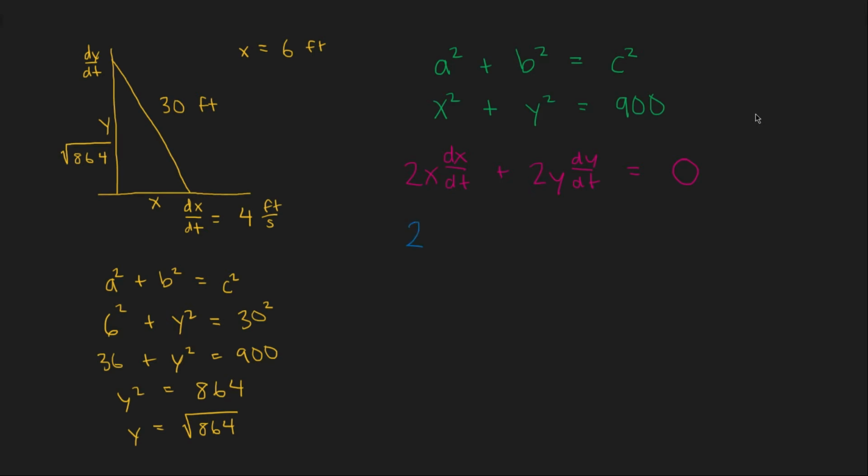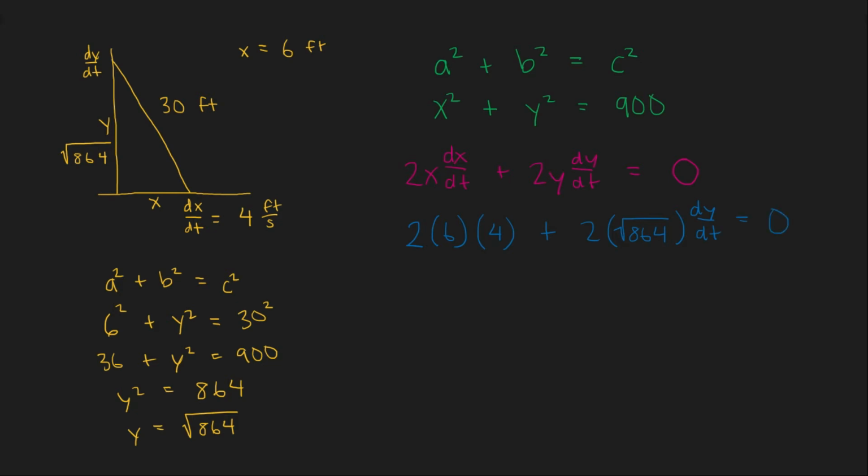So 2, we know that x is, we're dealing with the instant that x is 6 feet, so I'll write a 6. We know that dx over dt is 4 feet per second, so let's write a 4 plus 2 times y, which we discovered was root 864, root 864 times dy over dt equals 0.